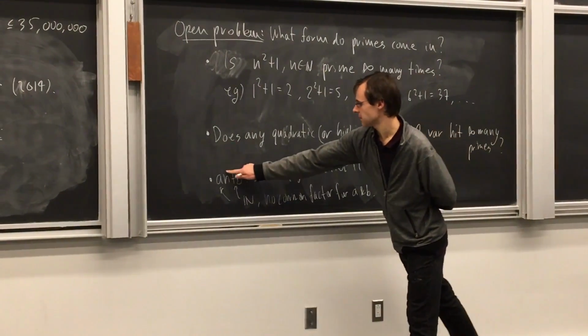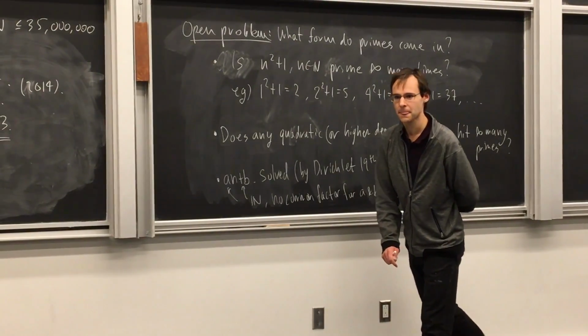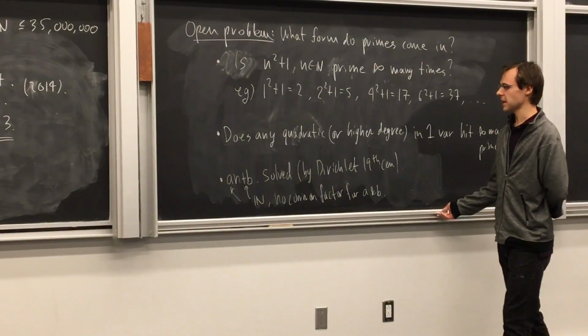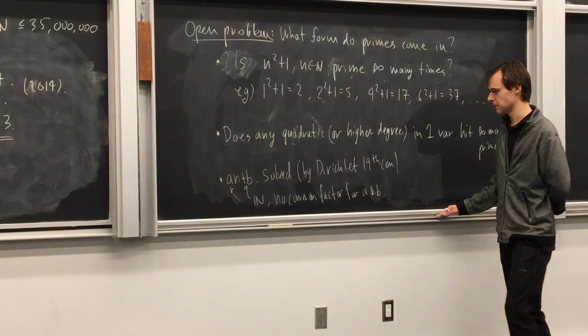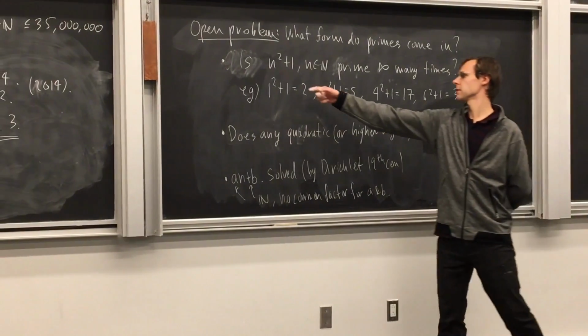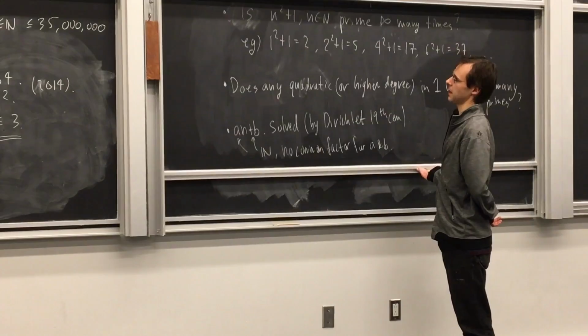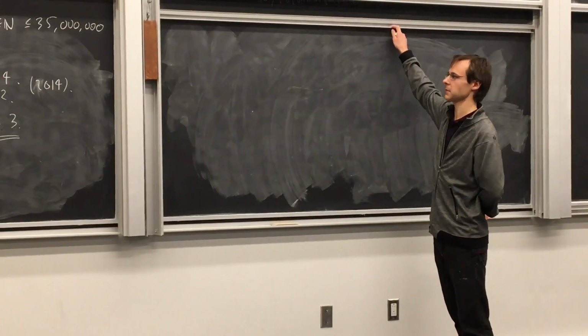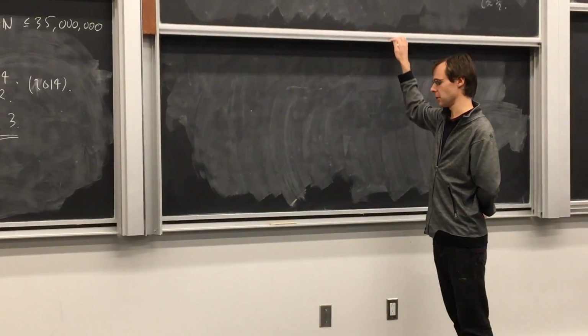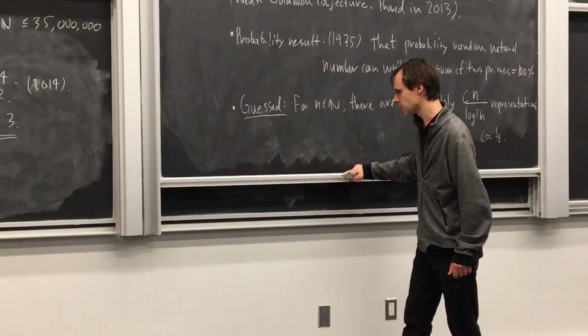However, if you tweak the exponent, put it up to 2, all of a sudden the question is not answered. The question has been answered for an exponent of 2, but only if we allow 2 different variables. Here we only had 1 variable, n. If we allow 2 variables, like n squared plus m squared, where n and m are both free, then the problem has also been answered.